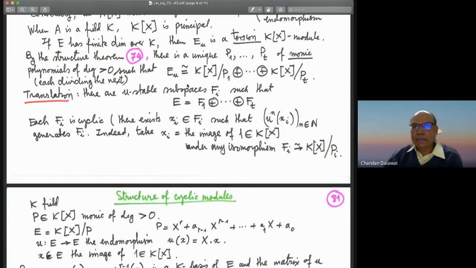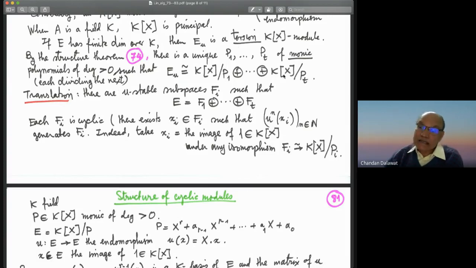There's no need to take them into account. So here, what I'll get is that E_U is isomorphic to K[X] modulo P1 direct sum all the way up to K[X] modulo Pt.